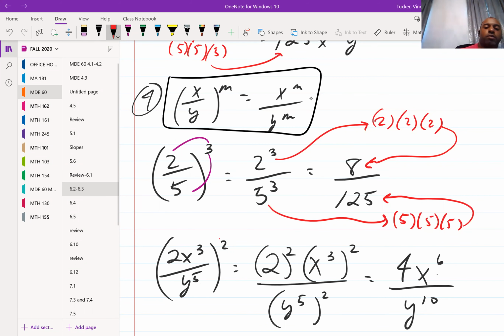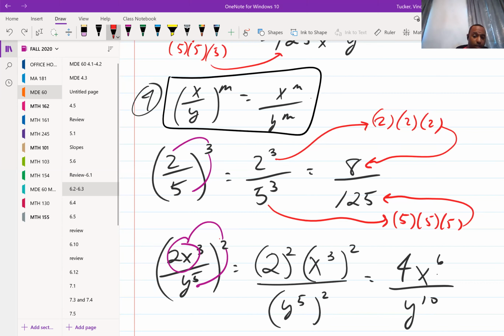All right, so the next one, 2x cubed over y to the 5th, raised to the 2nd power. So that's squared. The second power has to be applied to each term in the numerator. So there's going to be 2 squared, x to the third power, or x cubed squared.